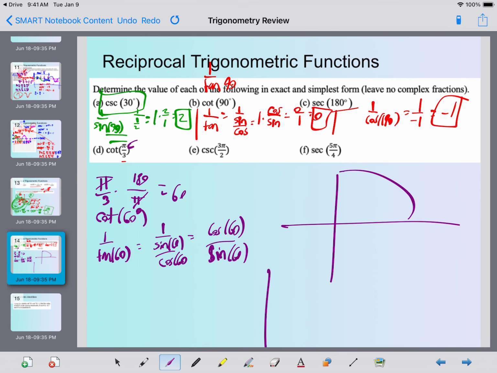So cotangent of 60 would be 1 over radical 3, right? But the way you can memorize it, right? 3, 2, 1, 1, 2, 3, all over 2, all have a radical in the numerator.